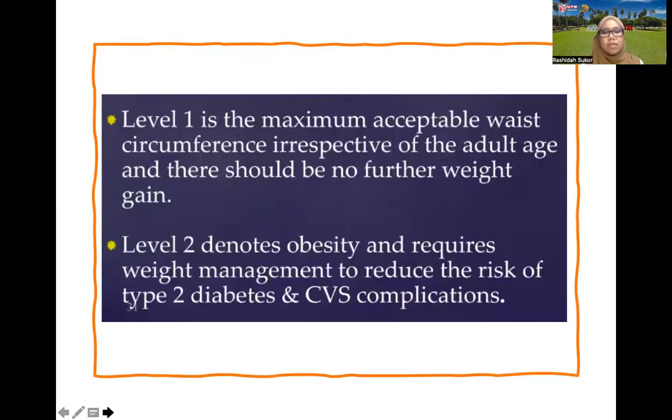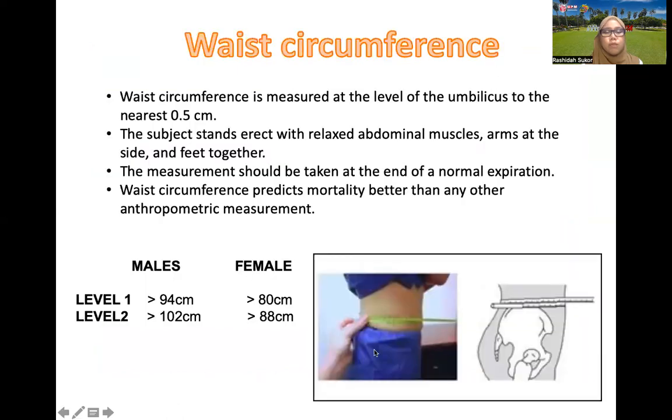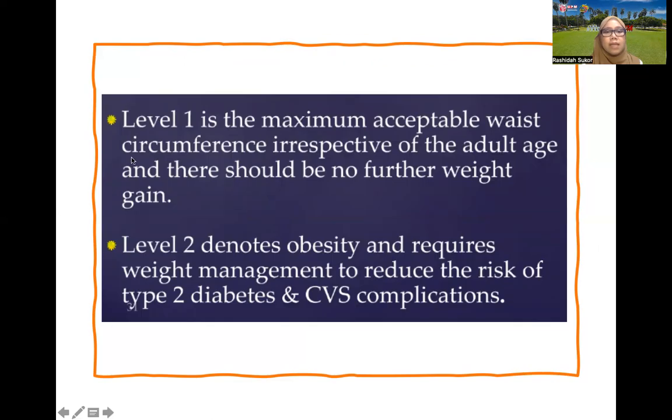So what are level 1 and 2? Level 1 is the maximum acceptable waist circumference irrespective of age, and there should be no further weight gain. For example, if you take this measuring tape and measure your waist circumference at level 1, if you get around 80 cm, that is the maximum acceptable waist circumference, regardless of your age, and you shouldn't gain more weight.